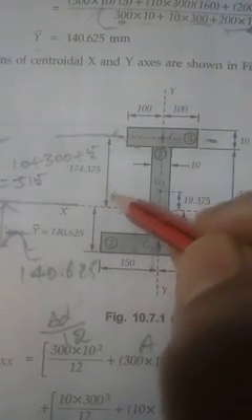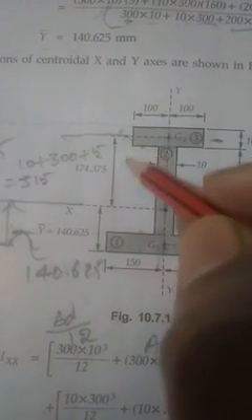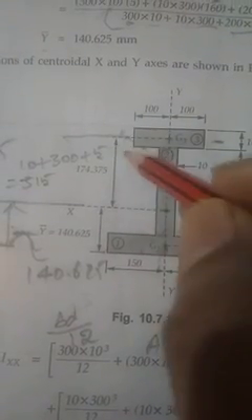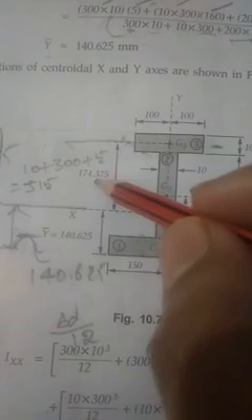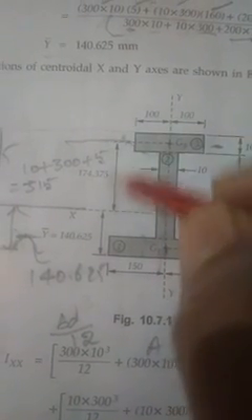From here to the centroid, that difference you have to take. So the distance from here to here is 174.375. How you got this 174.375 is the question.